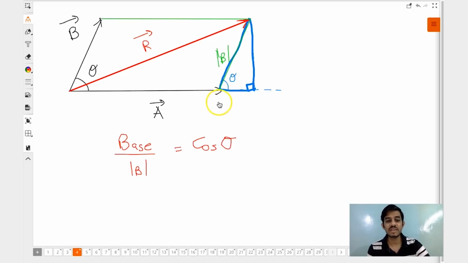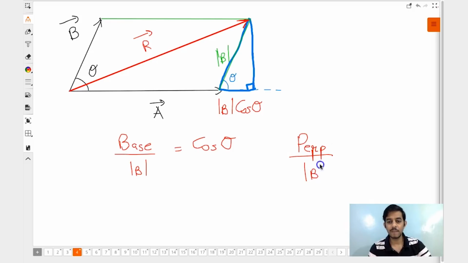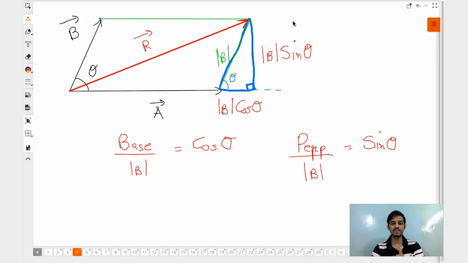So this base can be written as mod B cos theta. And similarly, perpendicular upon hypotenuse will be equal to sin theta. So this perpendicular now you can write as mod B sin theta. Guys, everyone following me? यहाँ तक clear है सभी को?